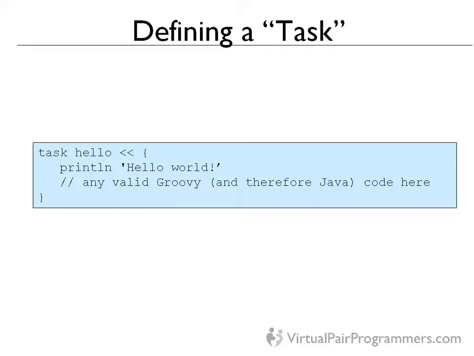But in Gradle, a task is more like an Ant target. Sorry for that confusion, and it does catch me out quite a lot. I want to be clear that a Gradle task is typically a step in your build. So of course we're going to see a task for compiling, a task for deploying to Tomcat, and so on. So this is how you define one of these tasks.